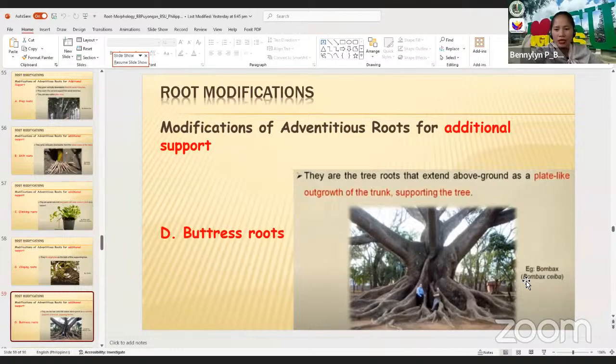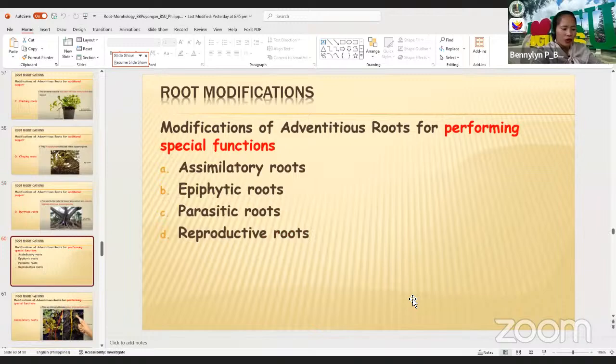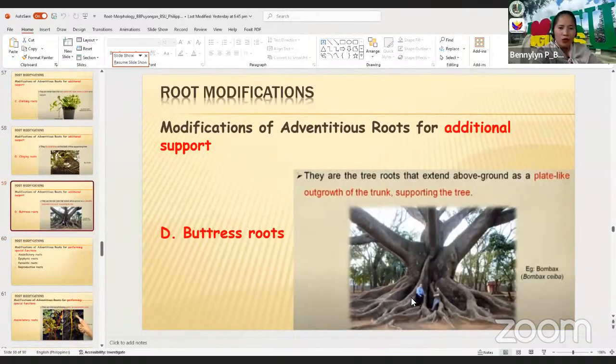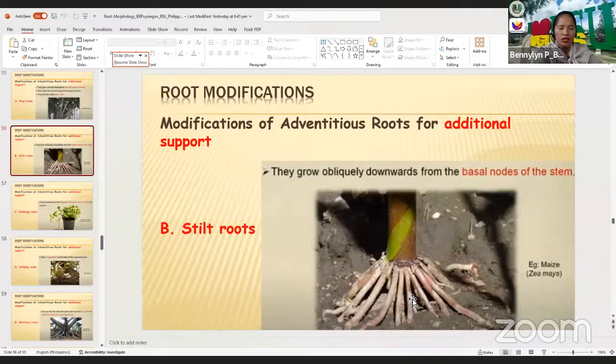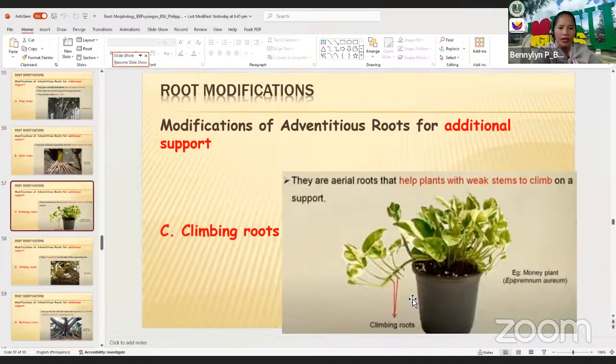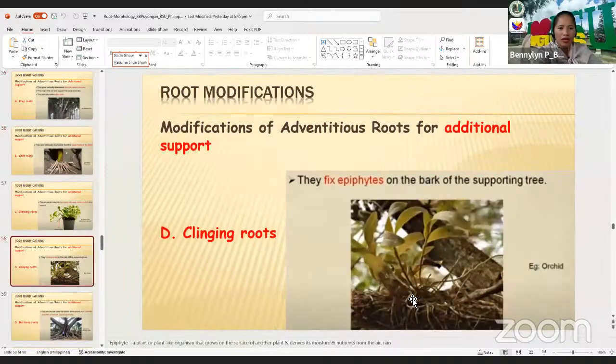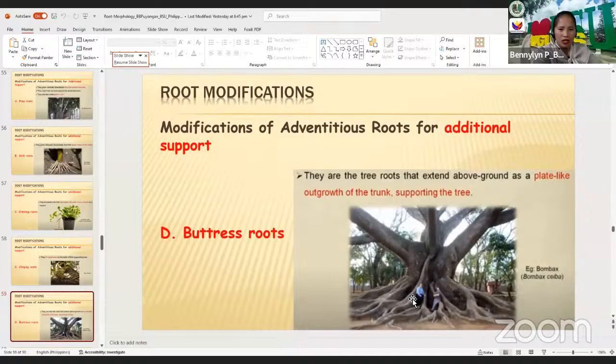The example is the Bombax ceiba or the Bombax. So these are the buttress roots. That's for the additional support as modification of adventitious roots. So take note, we have the prop roots, the stilt roots, the climbing roots, the clinging roots, and the buttress roots for the purpose of additional support for the plant.